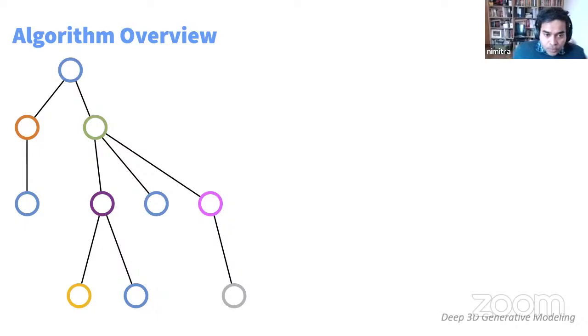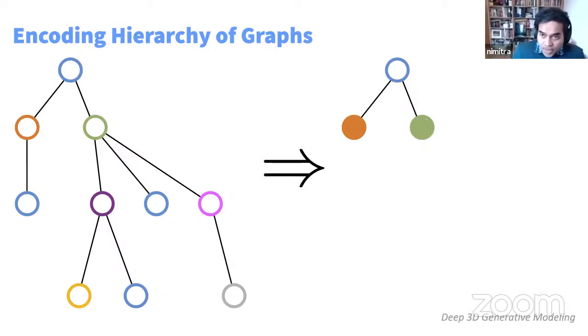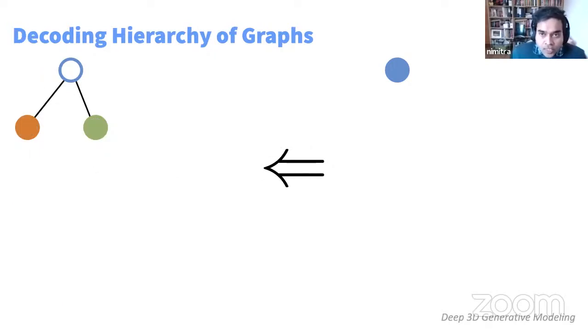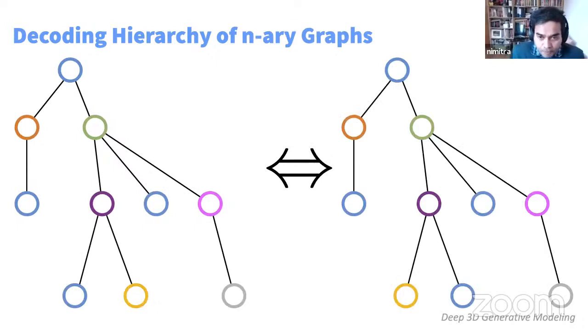So the way we would go is we will take subgraphs and combine them to form one component, and we will progressively take subgraphs and combine them until we reach a single node. Right? So that's going to be our algorithm. For decoding, we will go the other direction. We will start from the meta node, we will decode it, and progressively keep decoding until we reach the end.